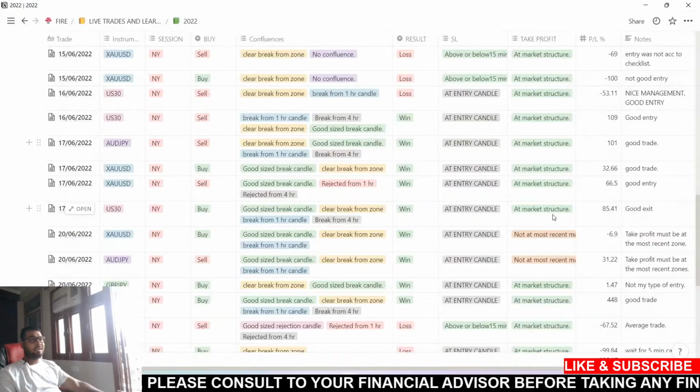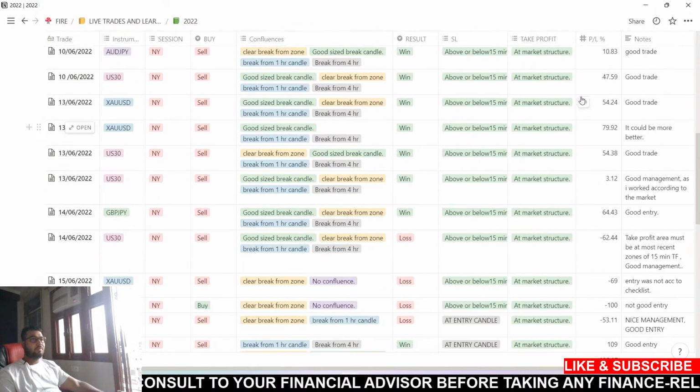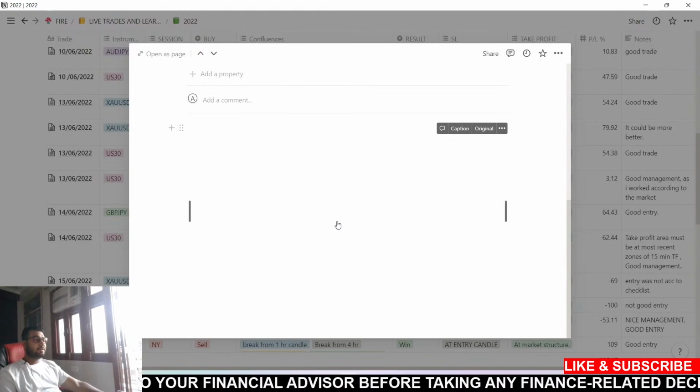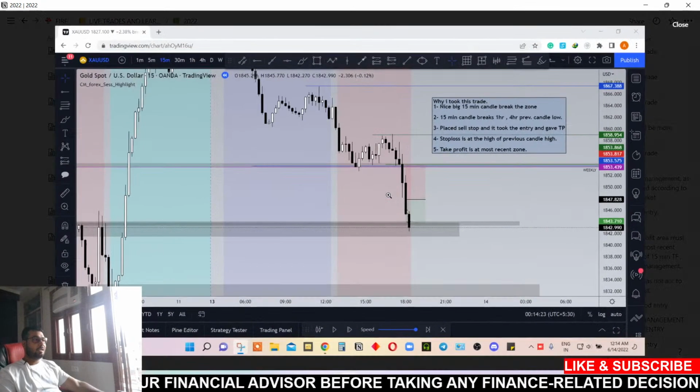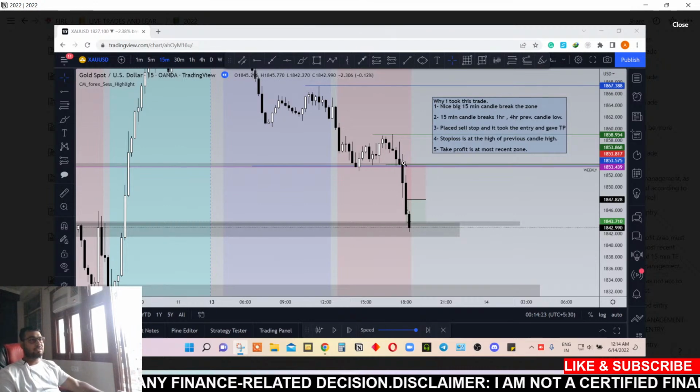If you look at all my trades before 16th of June, let's suppose I open this gold trade, my entry is not at a running candle. See, I waited for this 15-minute candle to close. I waited for this candle to come down and tag me in, and I placed my stop loss somewhere at the top, near the opening of the body or at the mid of some wick.